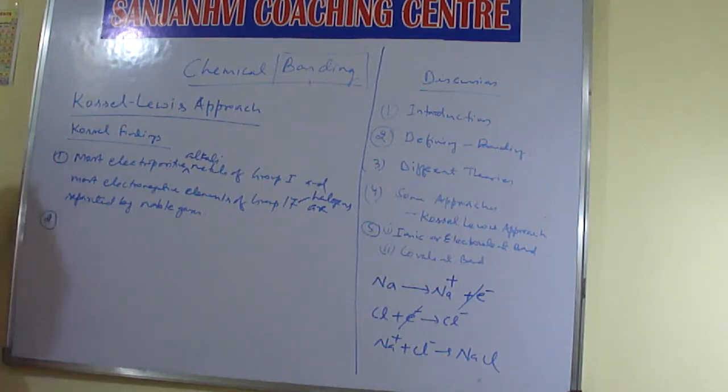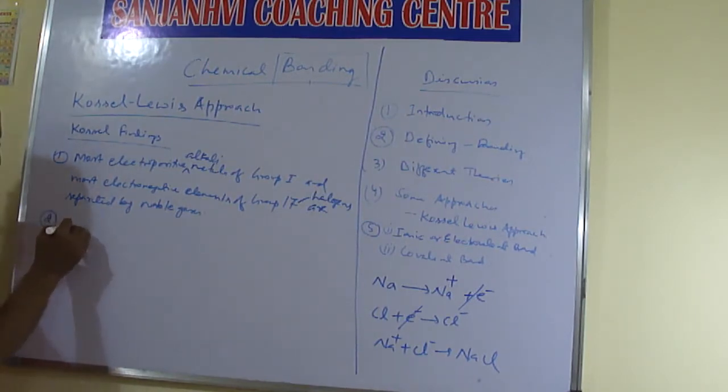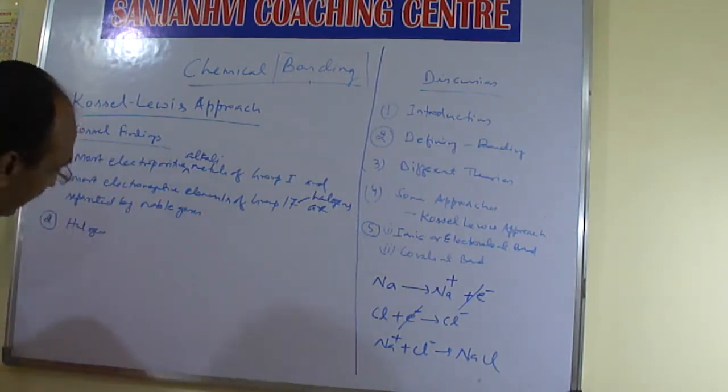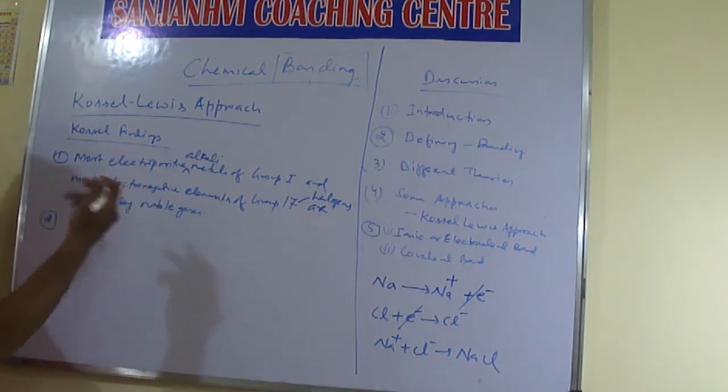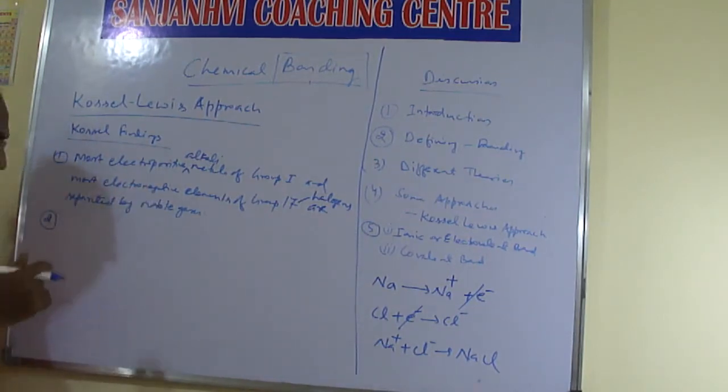Second point he has told is about the formation of negative ions and positive ions. How will the positive ion get formed, and how will the negative ion get formed?